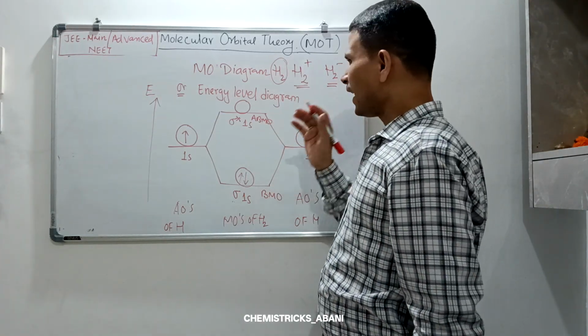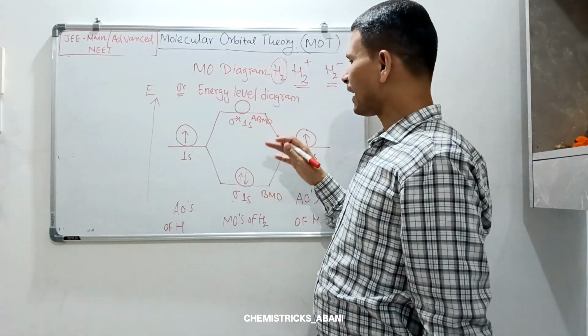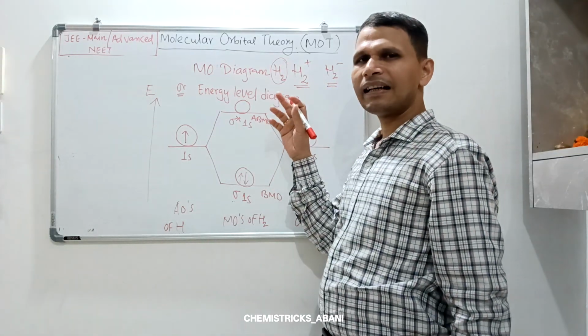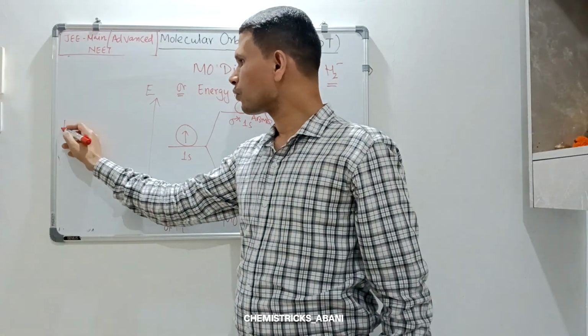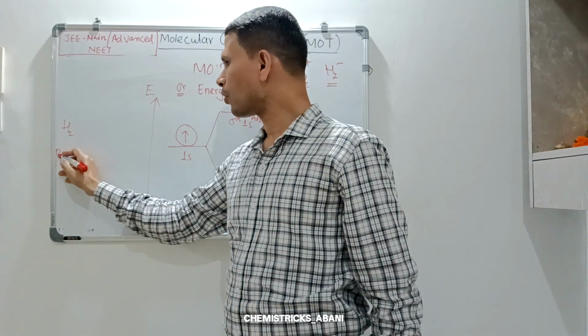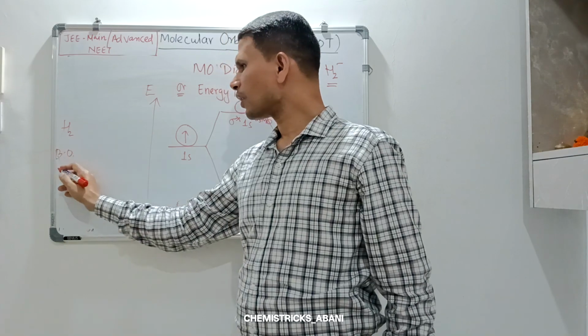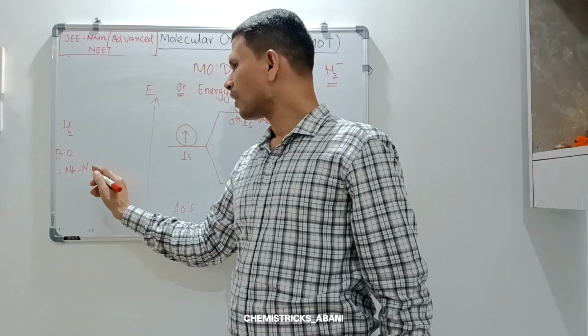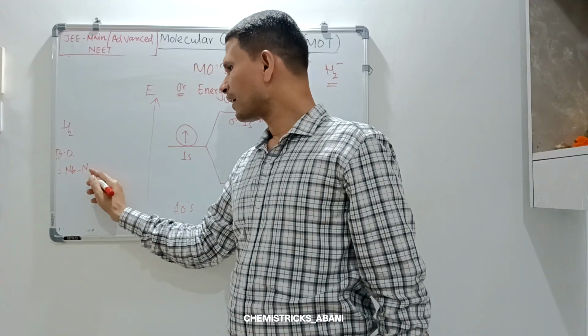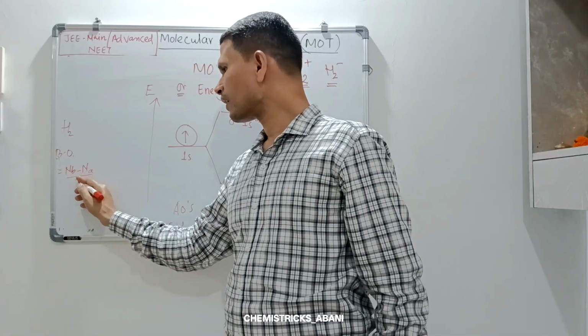So I can write the bond order and arrange them in increasing order of bond length. For example, for H2 I can write the bond order. You all know the bond order formula: number of bonding electrons minus number of anti-bonding electrons, divided by 2.